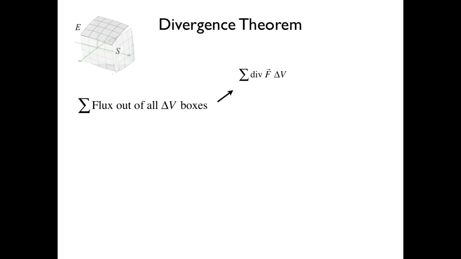Okay, and so we said that flux could be written as divergence times delta V. Remember that? So that's from the previous page. So you take that divergence times the little volume, that's flux. So I'm summing up the flux for all of those.